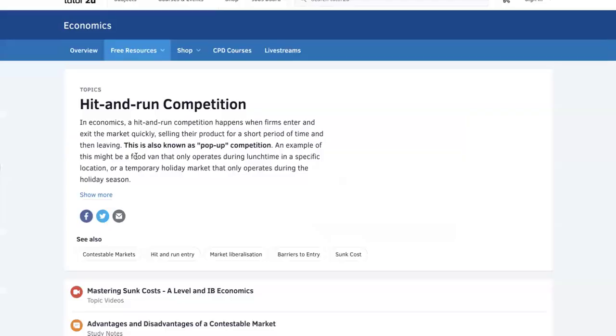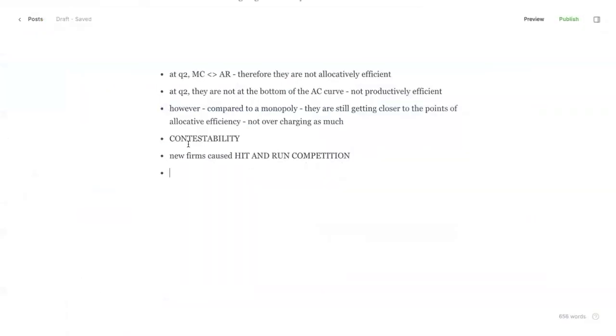You don't have to use that one if you don't feel comfortable with it, but that's just part of the theory. There was hit and run competition because new firms saw existing firms making profit and quickly entered the market.